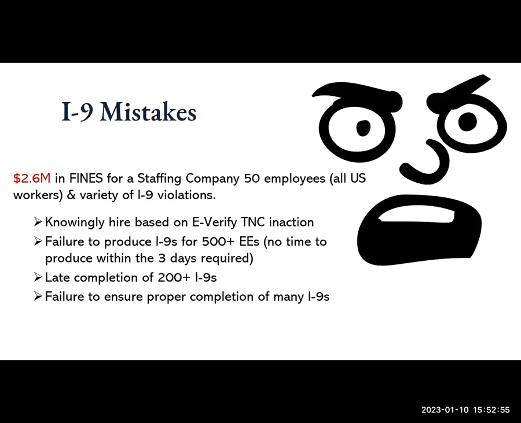Okay, so remember when we were talking about the double negative on the I-9, it's almost like you didn't do an I-9 or you didn't do anything with the E-Verify TNC because you knowingly were hiring this person. So that gets the highest fines. Okay, so we need to pay attention to those TNCs for now and for the future.